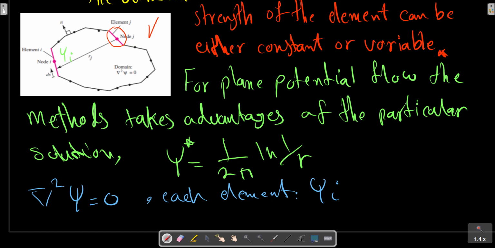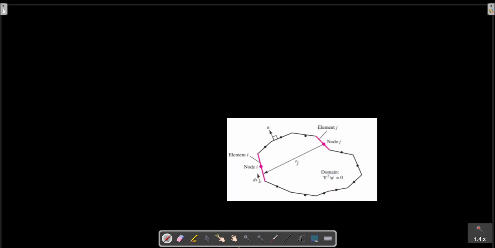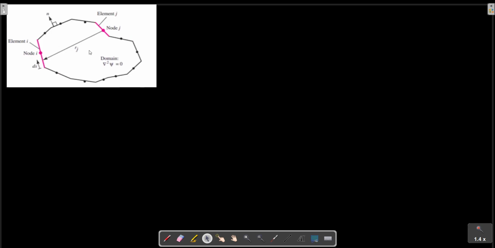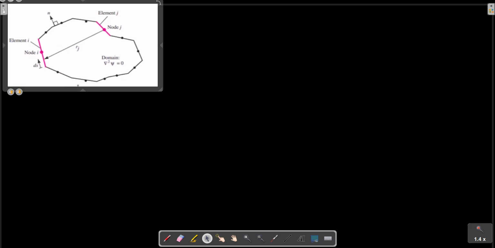Then r represents the distance from the element to any other point in the flow field.